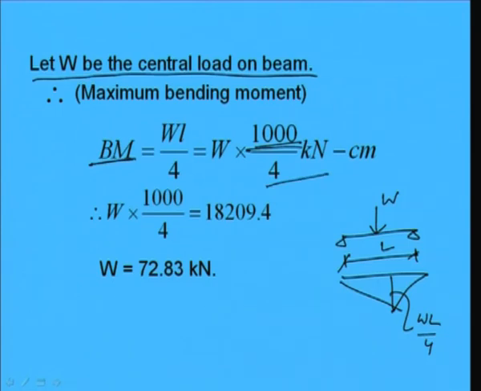Now, if we equate the moment developed due to load and the moment of resistance capacity, from these two we can find out the load carrying capacity as 72.83 kilonewton. So, W, the central concentrated load for this particular beam, is 72.83 kilonewton.